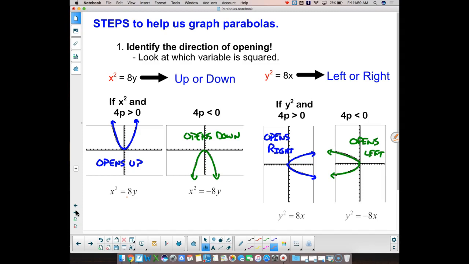So if it's an up-down parabola, it would open up. If it's a left-right parabola, it would open right. If that non-squared coefficient is negative, then it would open in the negative direction, down or left.